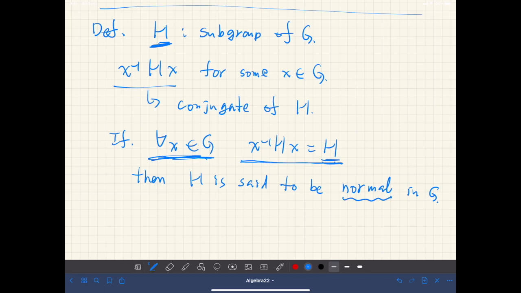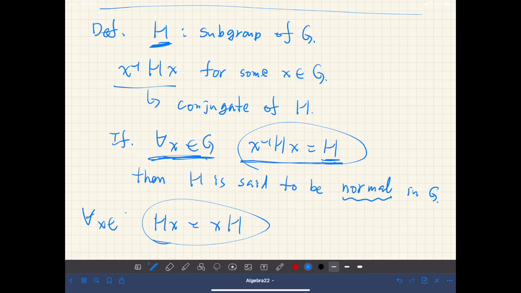Okay, and of course, what this means is the same as Hx equal to xH. Okay, so what does this mean? So for all X in G, we have this. So what's the meaning of this normal subgroup?